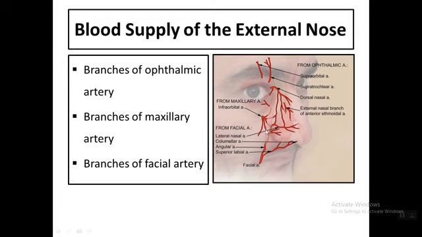Branches of the maxillary artery include the infraorbital artery, and branches of the ophthalmic artery include the external nasal branch of the anterior ethmoidal, and other branches.